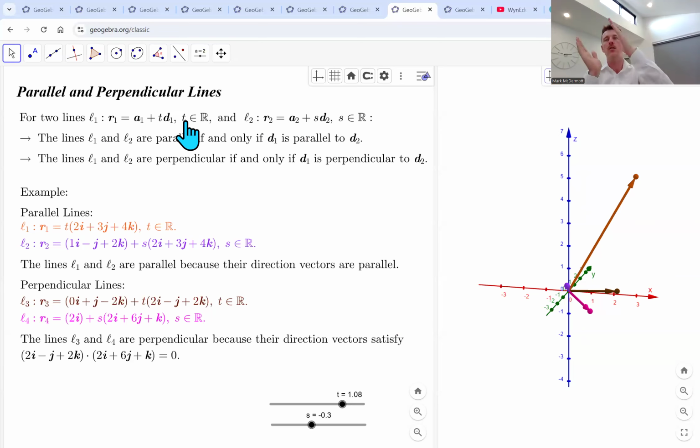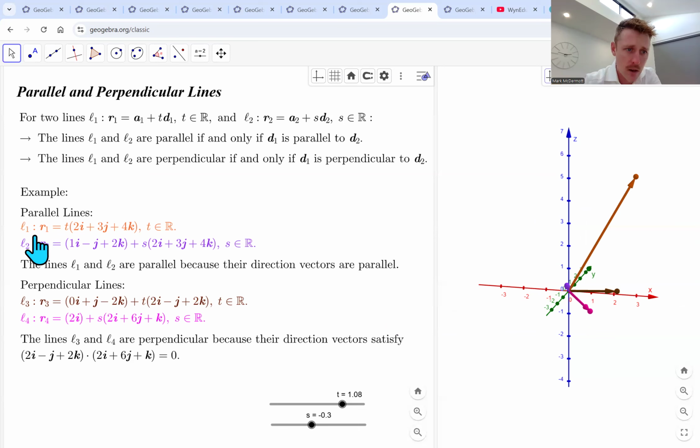The direction vector components of your vector equations need to be parallel. Otherwise, your lines are not going to be parallel. Okay, and similarly, the lines L1 and L2 are perpendicular only if d1 and d2 are perpendicular. So we need them to be at right angles.